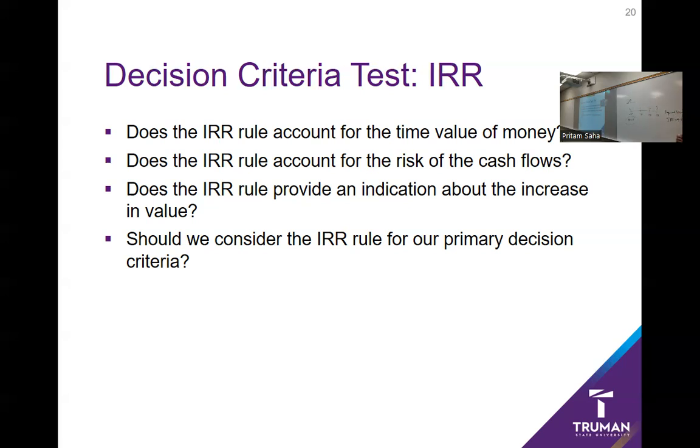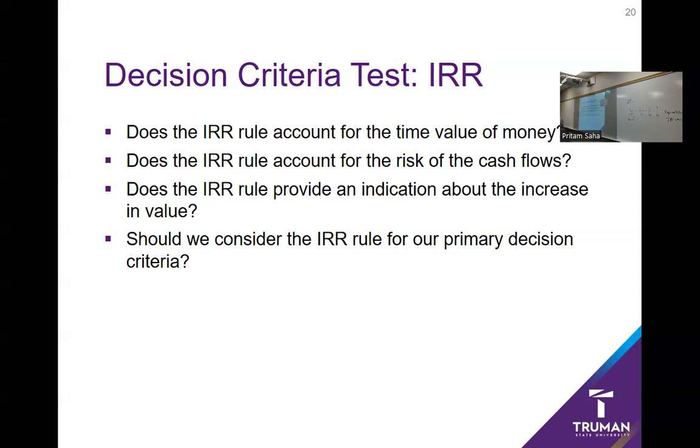Right, right. So let's make it more clear. So basically, IRR gives you a rate of return where NPV is 0, right? IRR gives you a rate of return where NPV is 0. So let's say for this project, our required return is 5%.